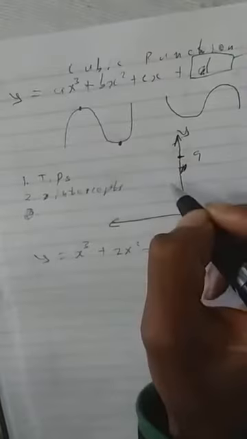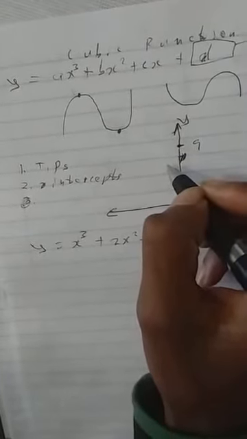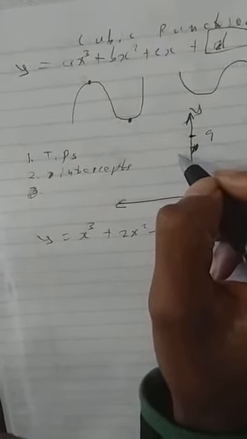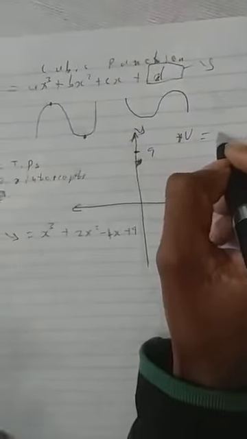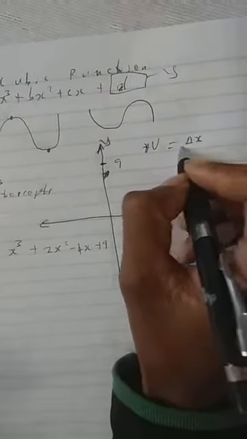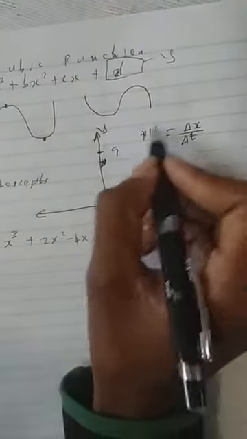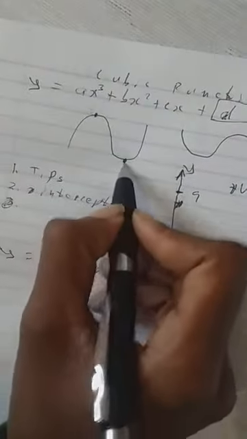And velocity is simply a gradient, because velocity is given by change in displacement over change in time. So your gradient here has to be 0 and here has to be 0.